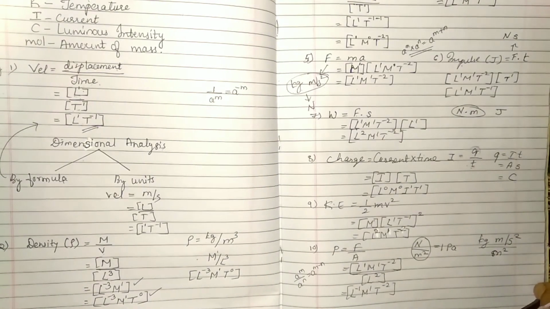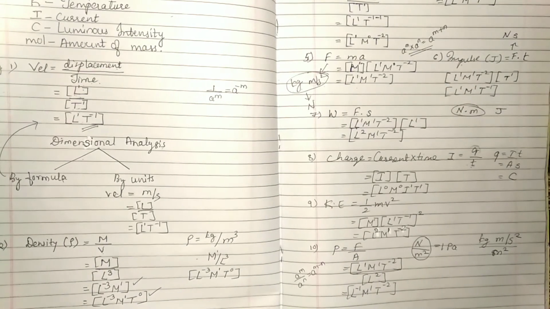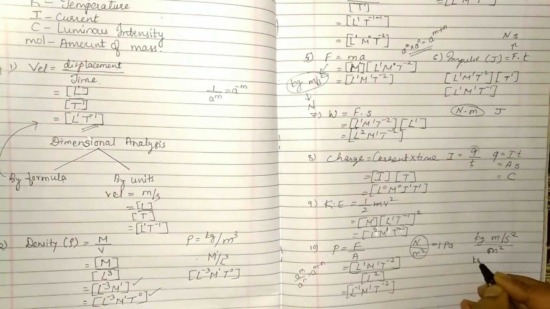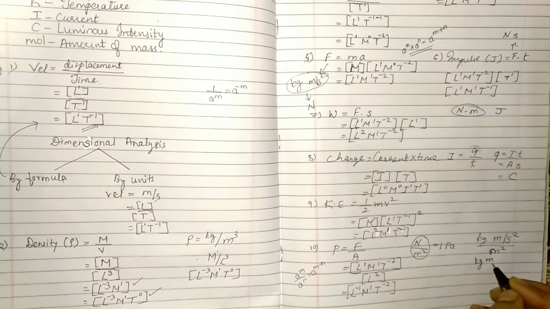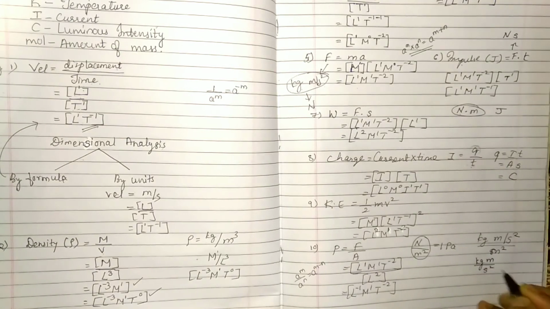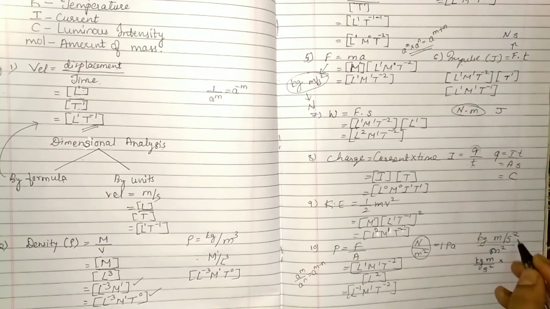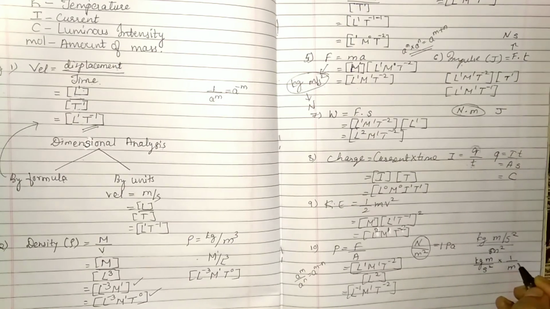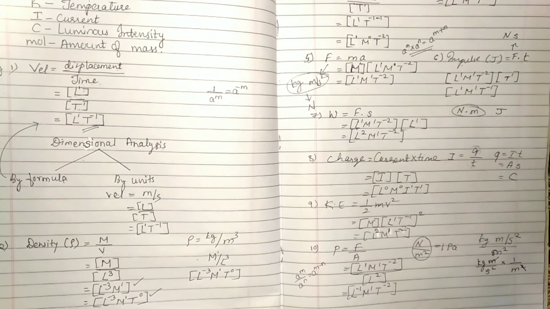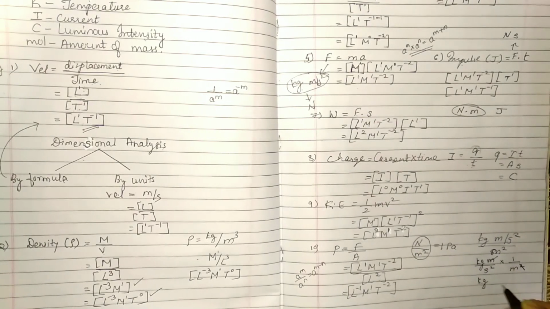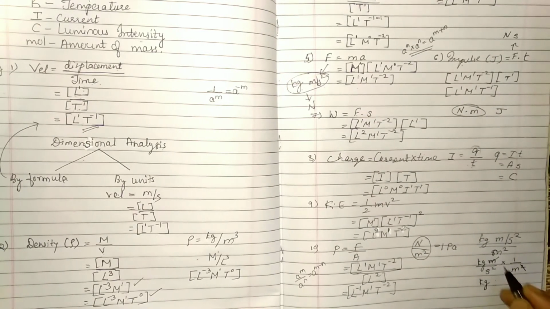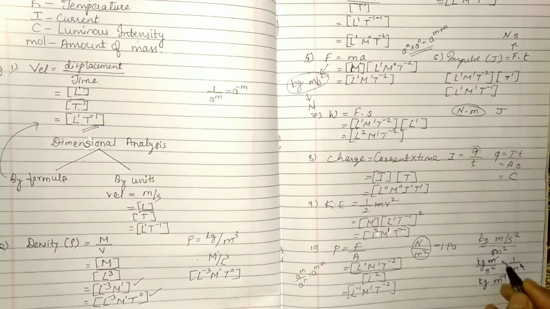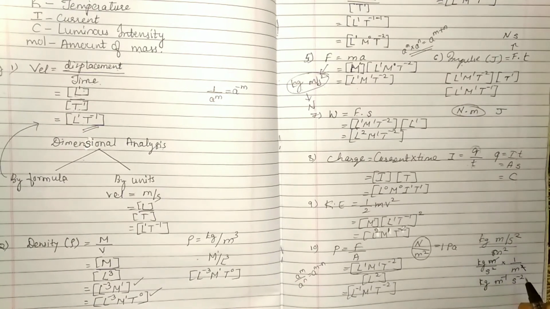So if you solve this, see here, kg meter per second square, and meter square is down. If it comes up, it is 1 upon meter square. So this meter cancels with 1 meter, and you are left with kg. M comes up, it is minus 1. S goes up, it is minus 2.